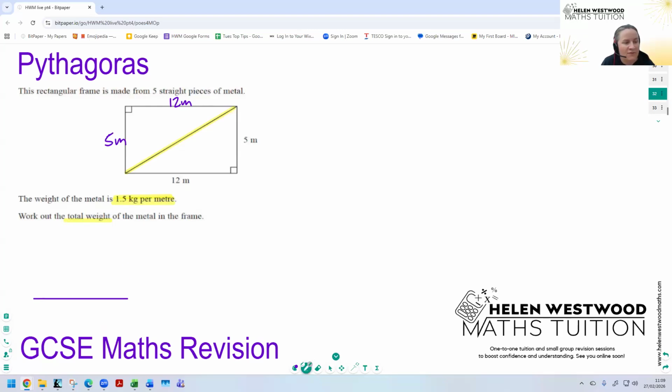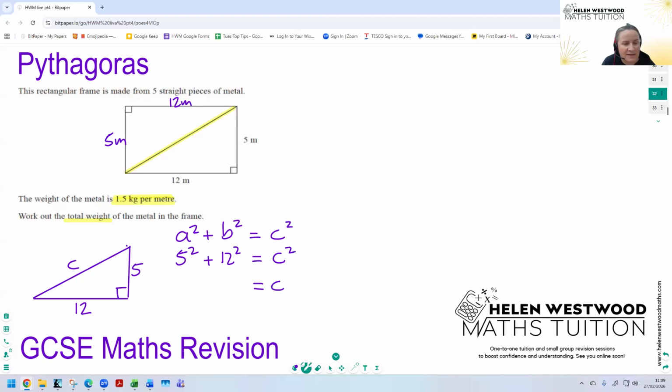And it can be helpful if we've got our triangle within another context to just sketch out so we can see what is the right angle triangle that we're working with, which I've just done in purple at the bottom there. And from that, you can hopefully see that we are working out the hypotenuse, which is why I've labelled that with a C. So when we put our workings in, we know that 5 squared plus 12 squared is equal to C squared.